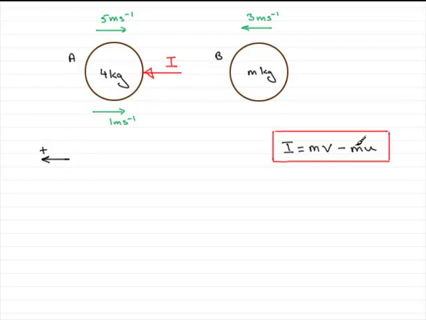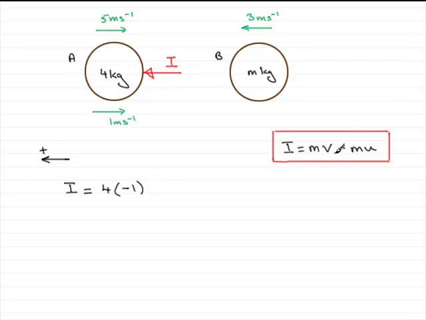So if we use this equation, we can see that the impulse I is equal to the mass, which we're considering A, so the mass is 4, times the final velocity v. Now the final velocity, well, we've got a 1 here, but notice that it acts to the right, in the opposite sense to the arrow, so that's going to be minus 1.